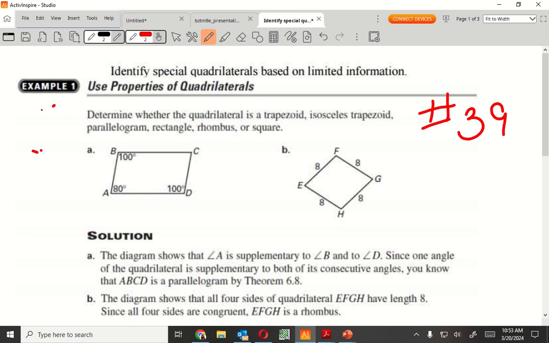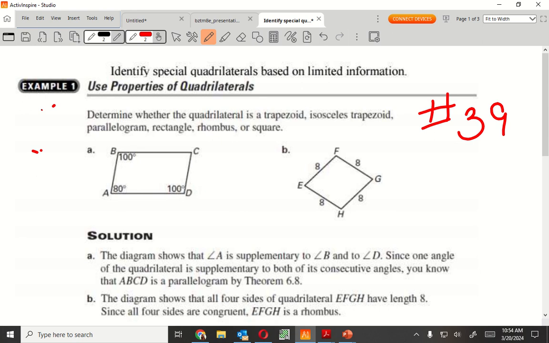Hopefully there are some people watching this at home, checking on our notes here. So right here we're starting off with a lot of stuff that we've already done. You're going to have to go back and look at the previous notes because all this stuff is actually coming together in this unit. So determine whether a quadrilateral is a trapezoid, isosceles trapezoid, parallelogram, rectangle, rhombus, or square.